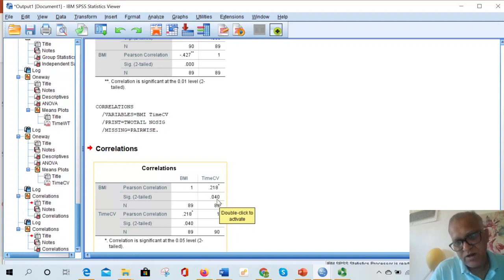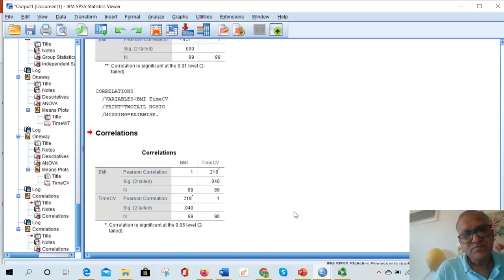So 0.04, which is smaller than 0.05. So now you can reject the null hypothesis, and you can say yes, there's a relationship, but the relationship is not very strong. 0.218 is mild. Remember, you can go from 0 to +1 or 0 to -1. It is close to 0, so a mild relationship, positive. So the more you work, the more BMI you get, in the gym.